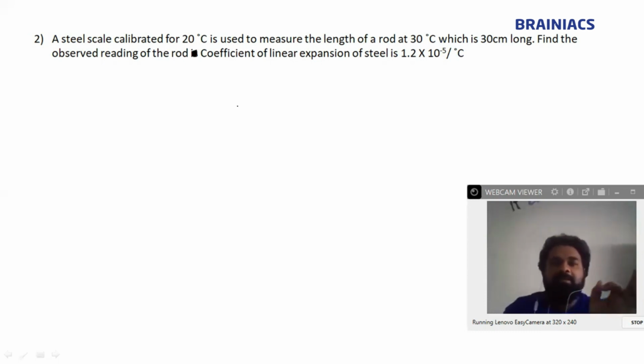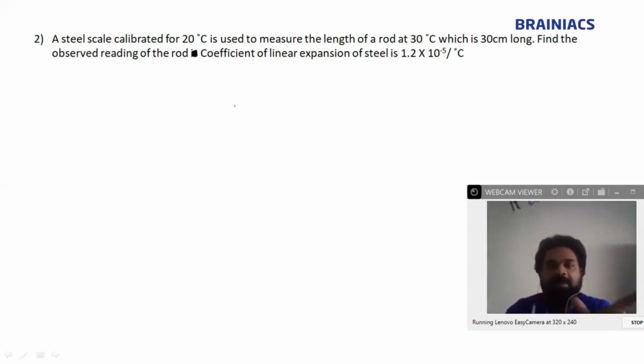The steel scale is calibrated to be used at 20 degrees Celsius, but now it is being used at 30 degrees Celsius. So obviously the steel scale's length will be increased because of the change in temperature. We must assume that the length of the rod will not change here.